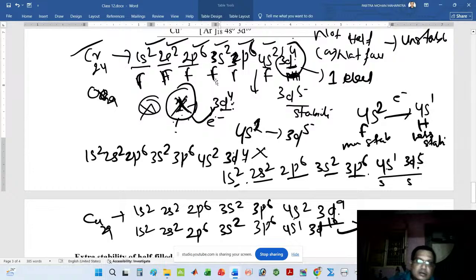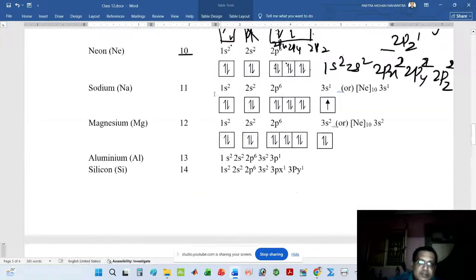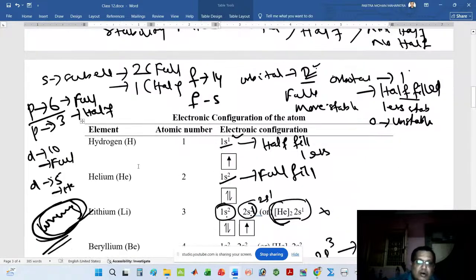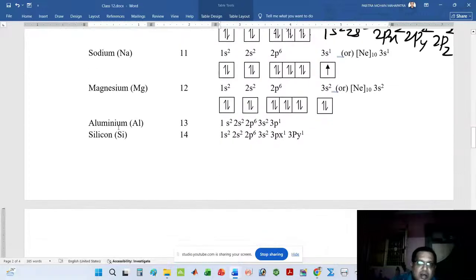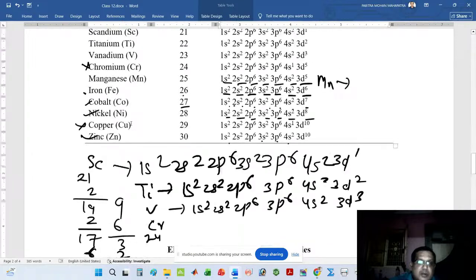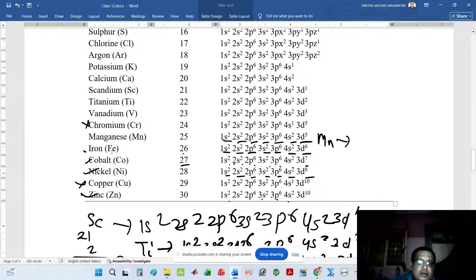Look at the electron configuration of the atoms. All the atoms obey the above principle, Hund's rule. But if you think about chromium and copper, they just divert the last orbital to attain the stability. So look at that.